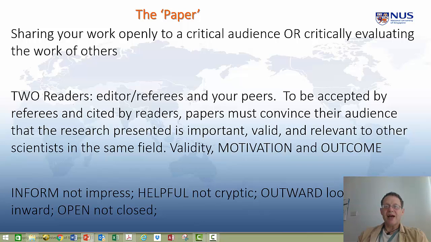So this is all about explaining what your work means, getting your message across, taking them on your journey, or the journey you want to take them on with this particular piece of work. Papers are pretty much the building block of modern science.